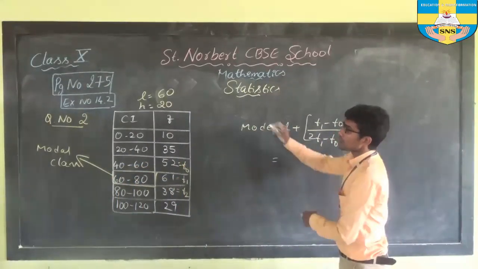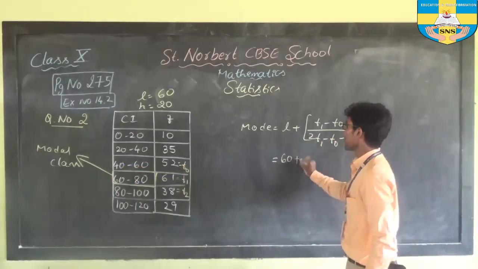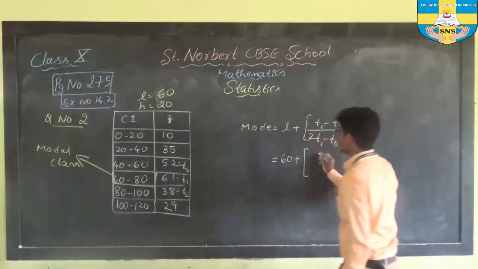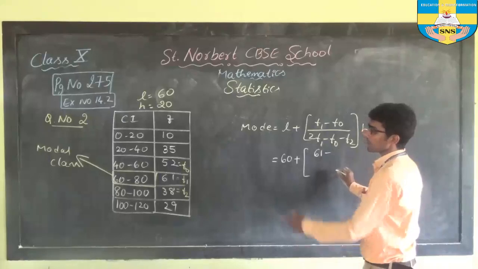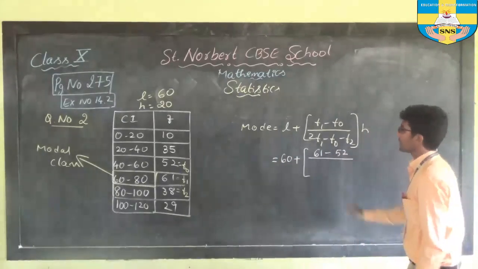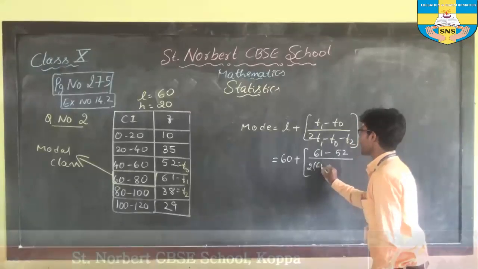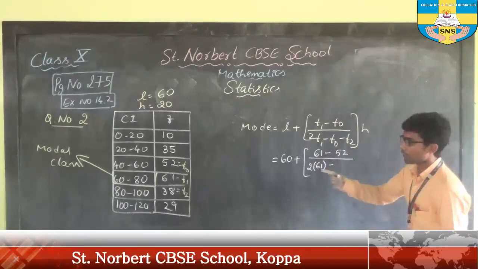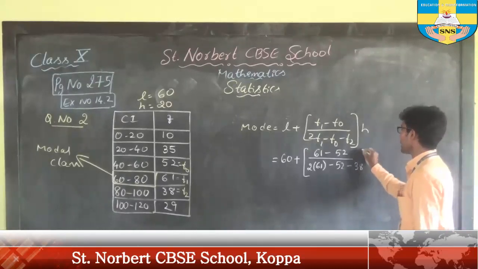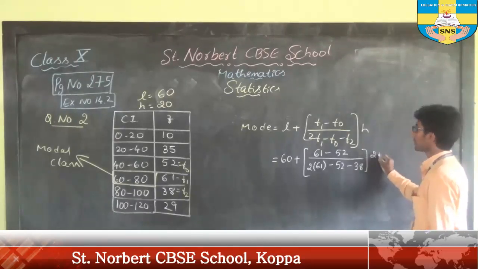L is 60 plus F1 minus F0. F1 is 61 minus 52, divided by 2 into 61 minus F0, which is 52, minus 38, into 20.